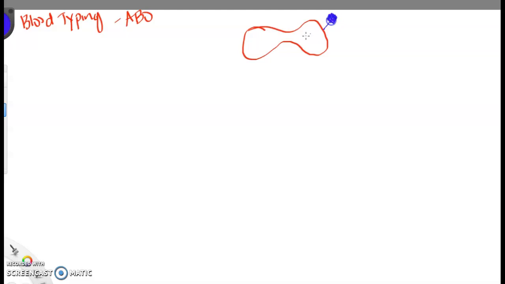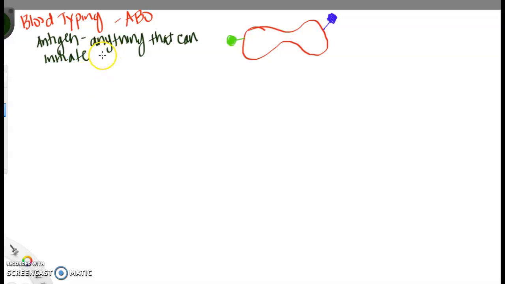They're like little markers, and these markers are called antigens. And an antigen is anything that can initiate an immune response.